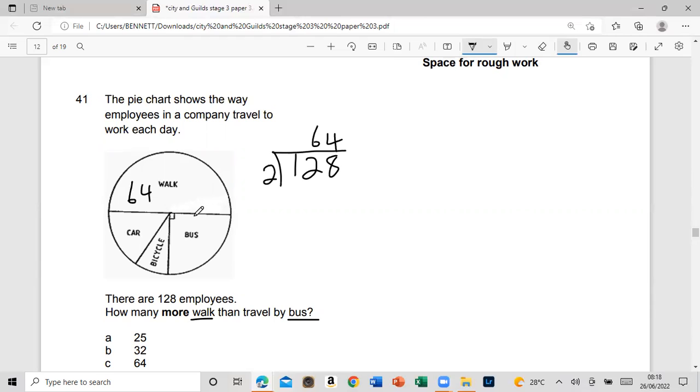And then this is a quarter, or a half of this. So that gives us 32. The difference between 64 and 32 is 32. Alright. So this plus this, car and bicycle, added together give 32.